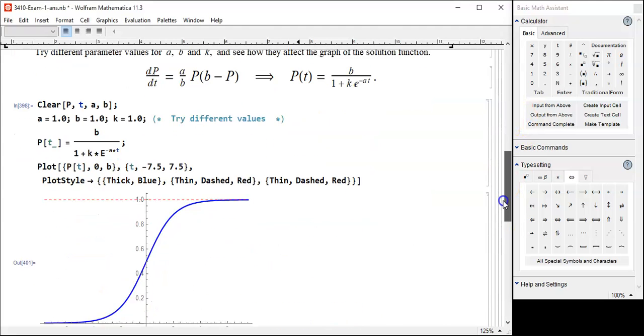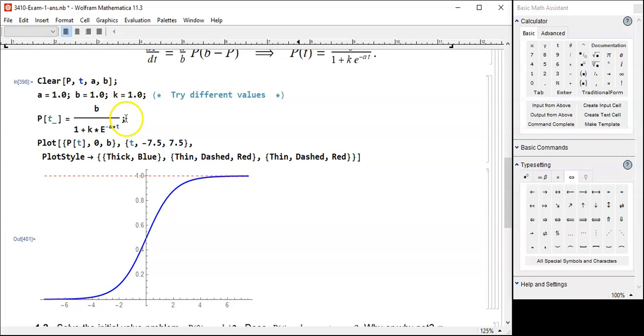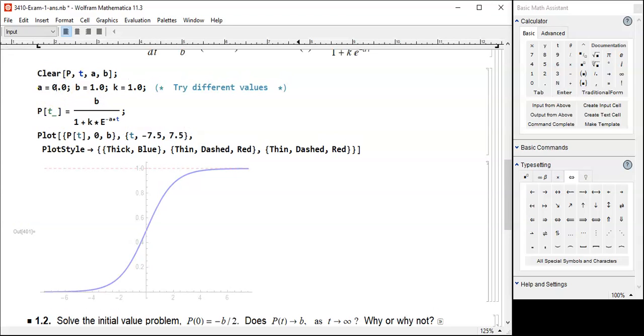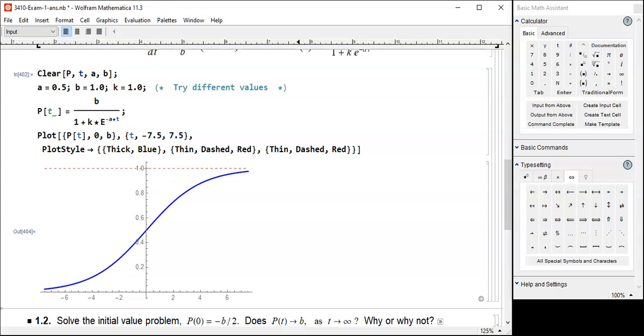Let's go to that visualization here. This is based upon A equal to 1, but let me take a different value here. Let's say 0.5, a smaller A value. What do you see? You get slower growth. And let's go back to 1, we get this growth.